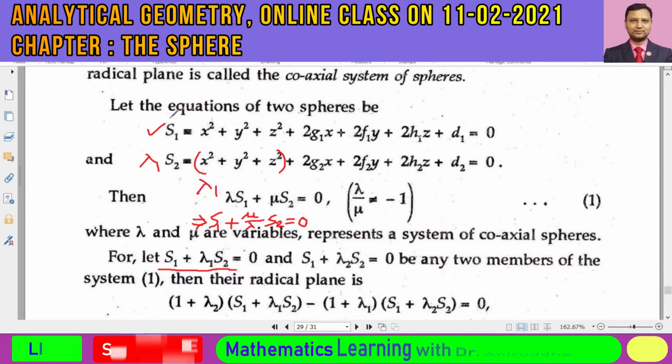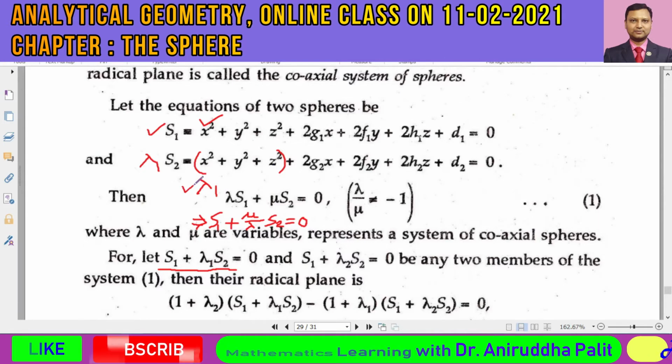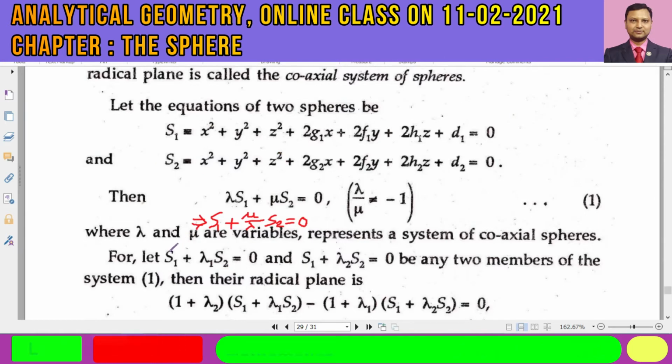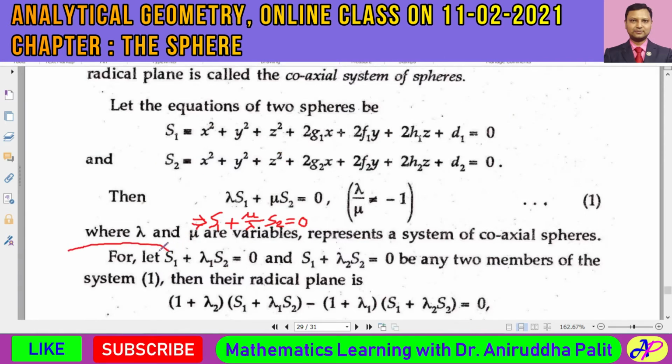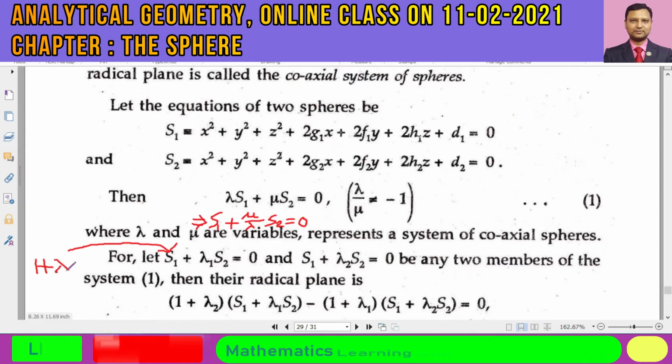So how to compute the coefficient of x square, y square or z square? The coefficient would be 1 plus lambda 1. So in this first equation, the coefficient of x square, y square and z square is equal to 1 plus lambda 1.